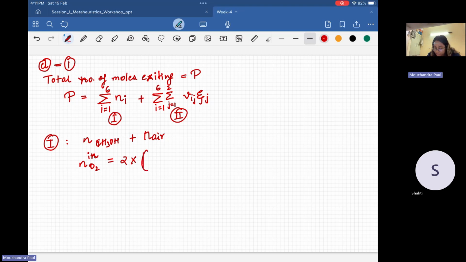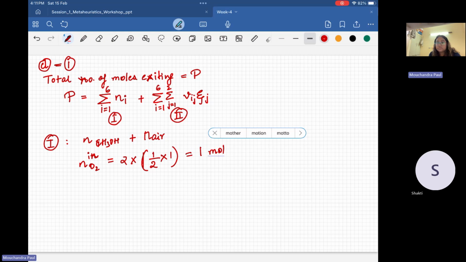According to the reaction, we require only half a mole per mole of feed, so 2 times that means only 1 mole of oxygen is entering.